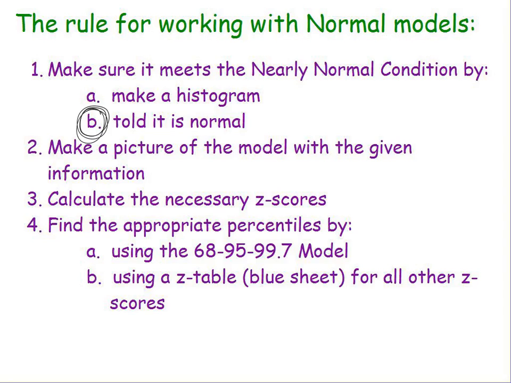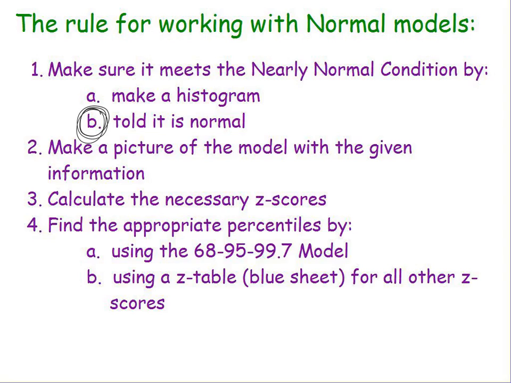Make a picture of the model with the given information. The number in the middle, the standard deviations, that's what I mean by the picture. Calculate your necessary z-score, and then find your appropriate percent. You can either use the 68, 95, 99.7% model if you get a z-score of 1, 2, or 3.